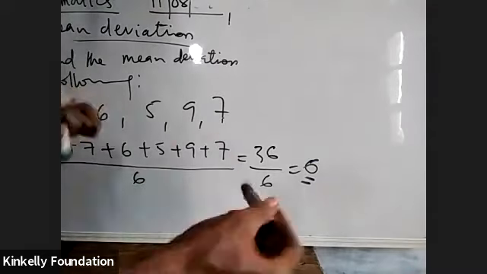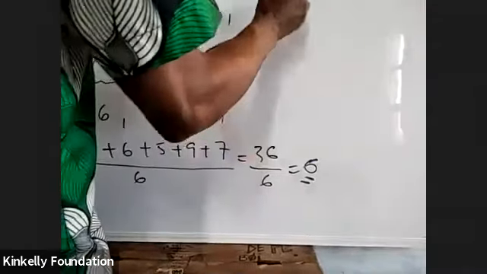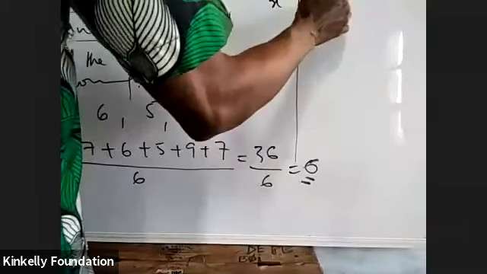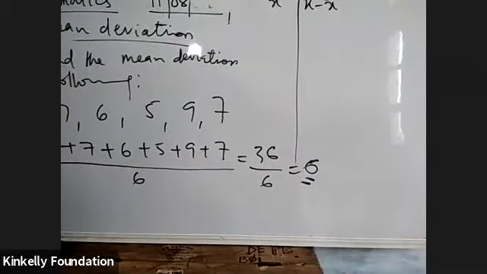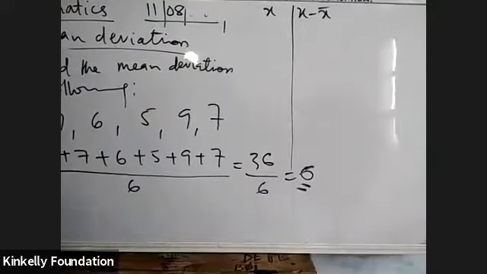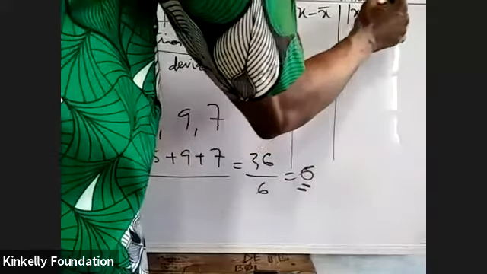Let's put it in tabular form. This is x. This is x minus x bar. This is the absolute value of x minus x bar.